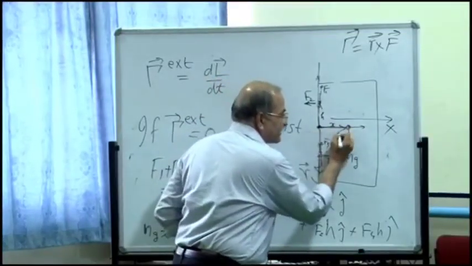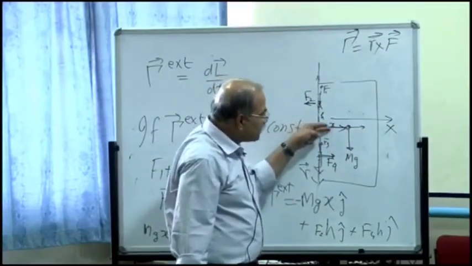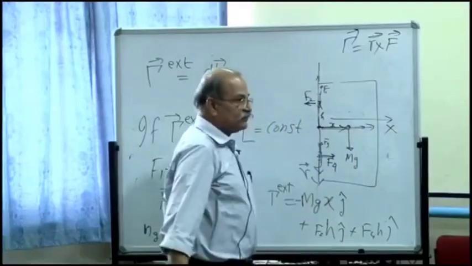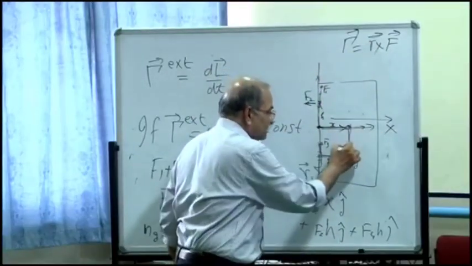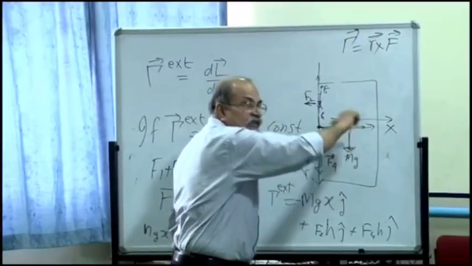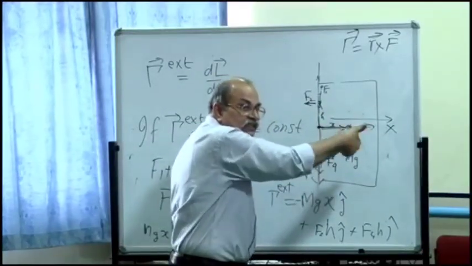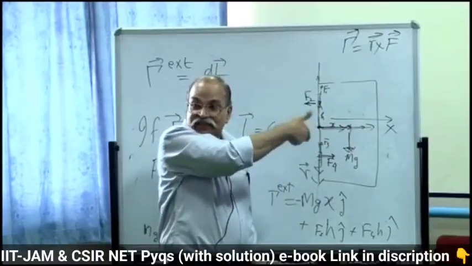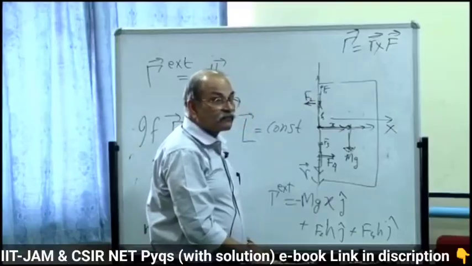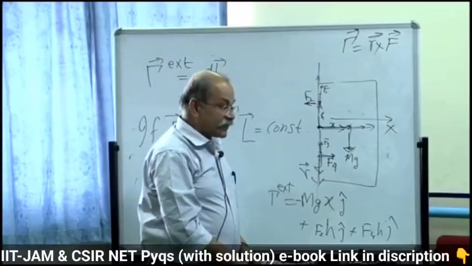So this is the R vector, in the plus x direction. The force vector is downward. Now if you do R cross F, the cross product vector will be inside the board. Correct?